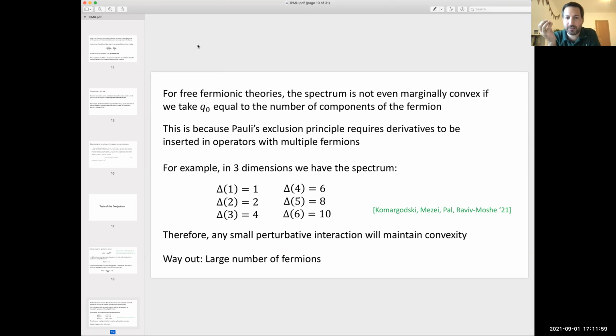The only way out of this is if you have a very large number of fermions, so that you delay having to put in these derivatives. So for example, if you have some fermions that carry color and you look at large N, then you can try to avoid this way out. So any theory with an order 1 number of fermions that has any kind of control over it will satisfy the conjecture. So that's a good thing. It's a good check.